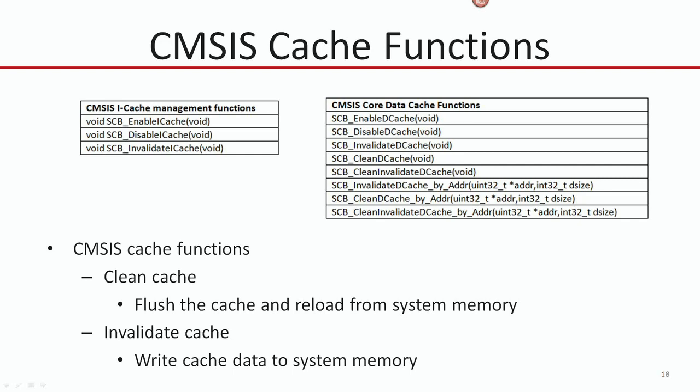We can invalidate the cache so that we write all of the cache data into the system memory, and we can also clean the cache as well so that we can reload from system memory directly into the cache. We can do that over the full width of the cache, or we can do that by an address and region size as well. So we can finally manage the data that's in the cache. So we have a number of options in how to understand and use particularly the data cache.